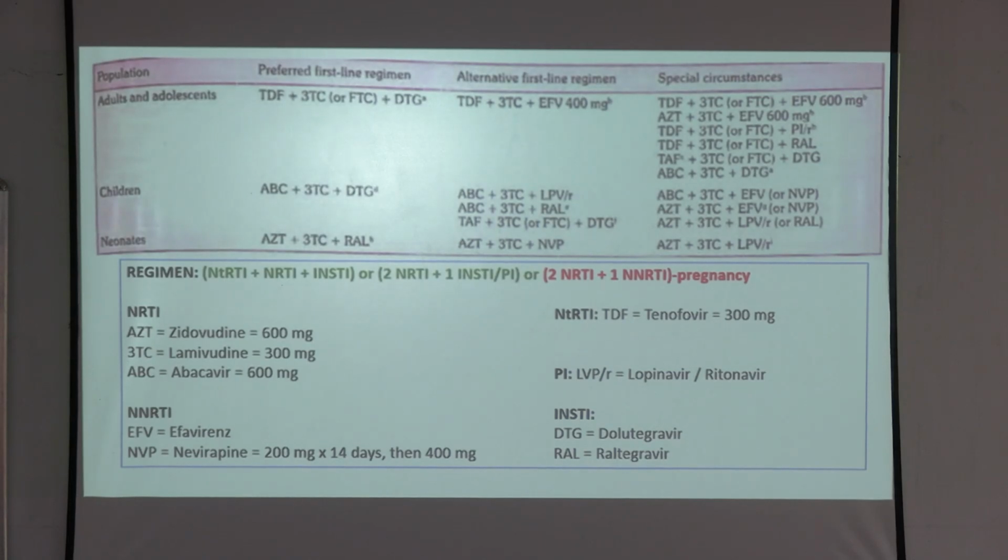This table is actually taken from your Park book. Okay. What are the full forms of TDF and this? TDF is tenofovir. 3TC, lamivudine, which comes under NRTI. Then DTG, dolutegravir. And this first line has actually been used. Okay.